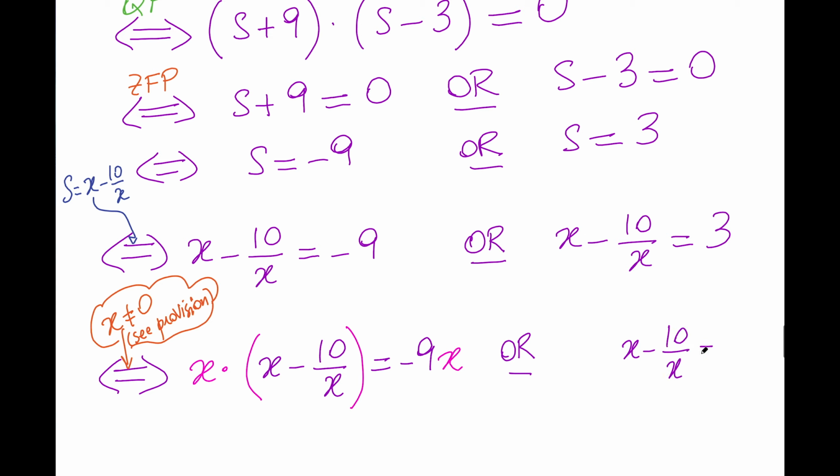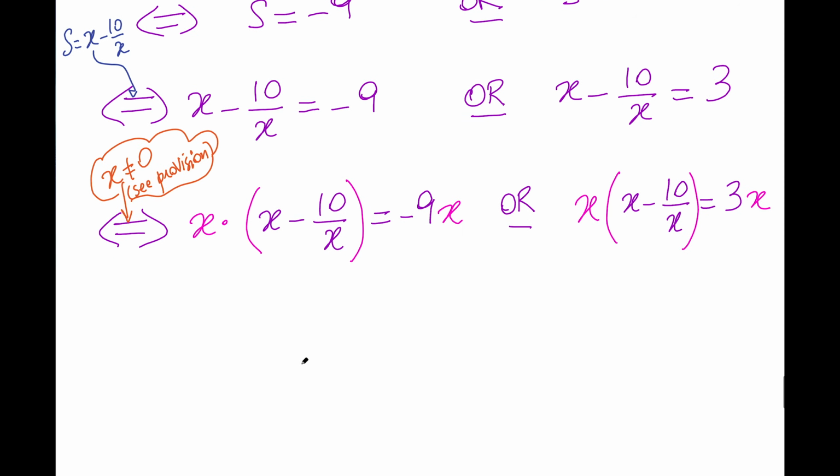So let me rewrite what I have. Now I'm multiplying both sides by x, which means I'm going to have this times x and this times x. All right, let's multiply by x. Then x times x is x squared, and x times negative 10 over x is negative 10.